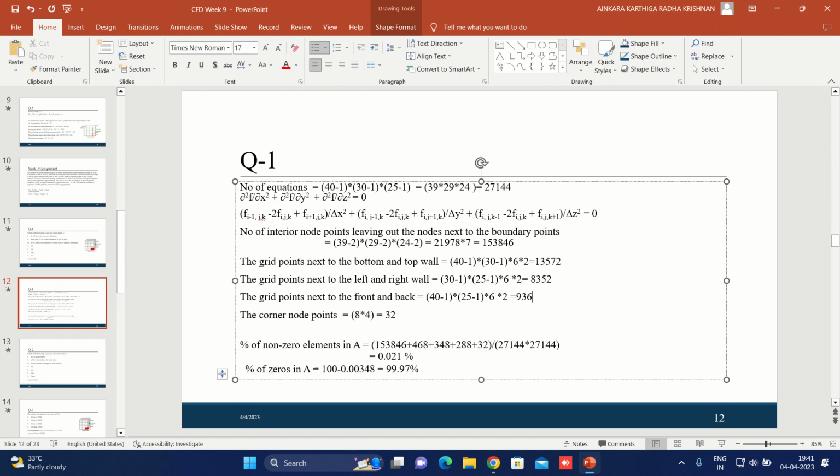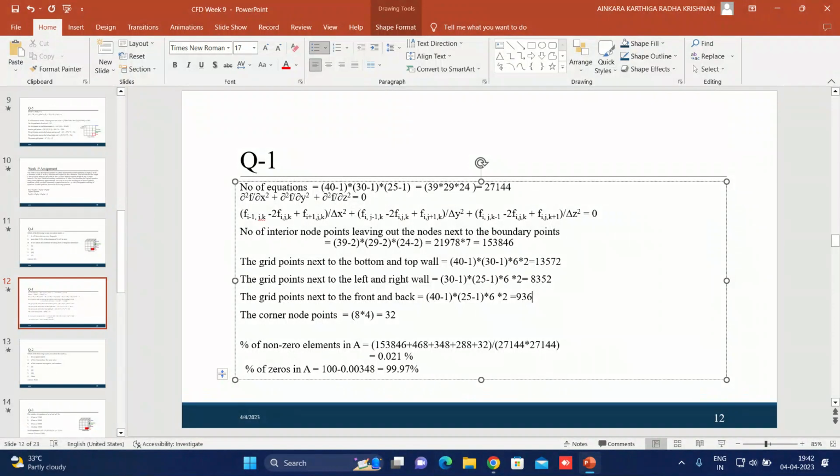Okay, it is not like 1905 into 2 plus 24472 minus 24472 plus 21978. So yeah, sorry for the confusion. We'll just start with a simple 3D case and we'll proceed.